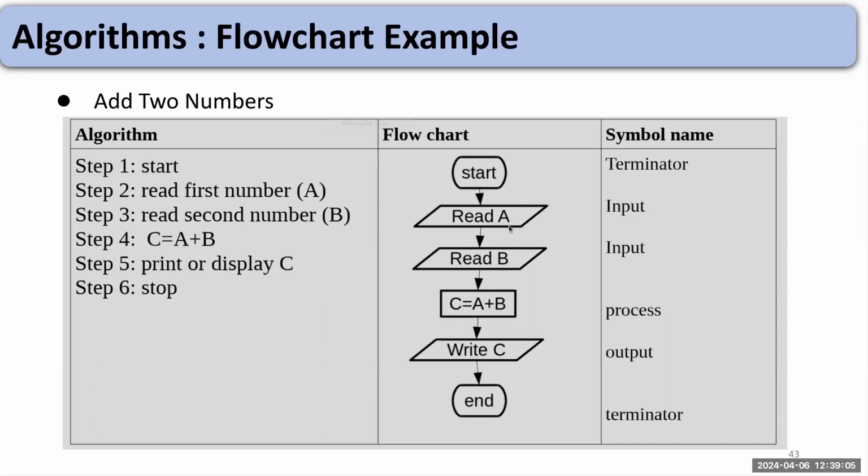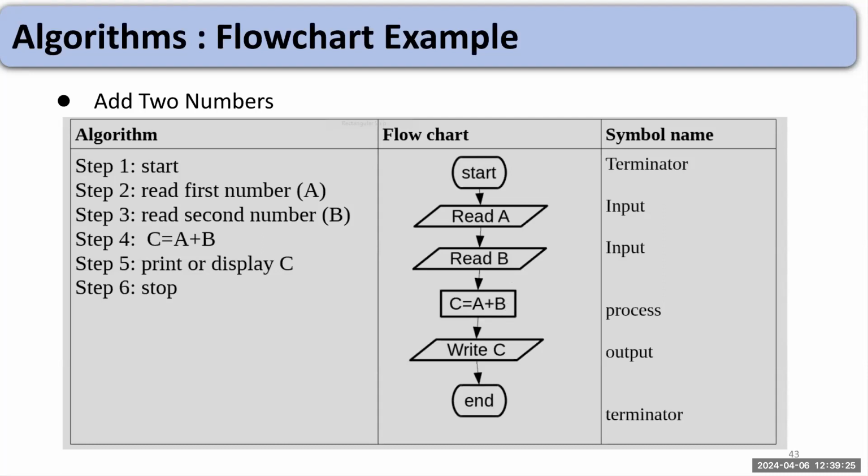A and B are variables. We call them variables. In C programming, if we write input A, we can input any number or character.